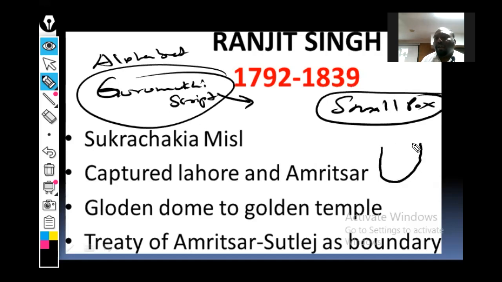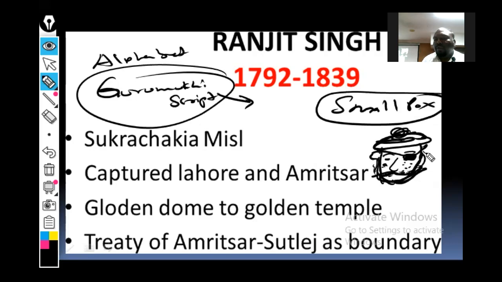Because of the smallpox, a pustule came on his eye and burst, and he lost his eyesight. So he was blind on the left side.